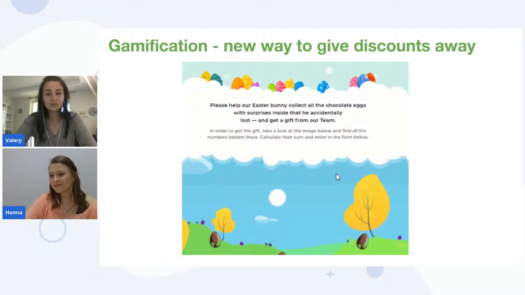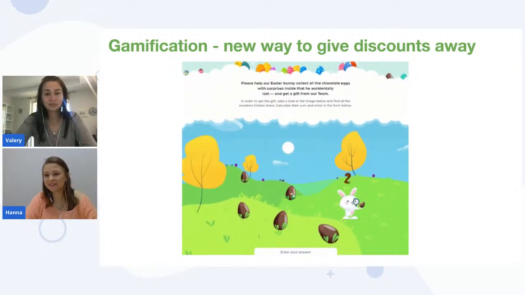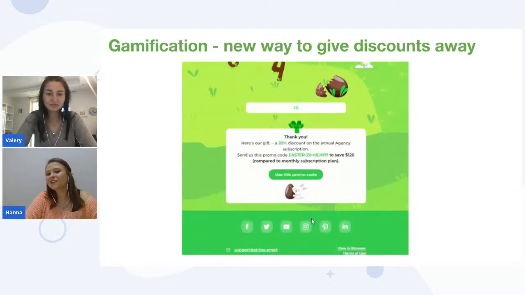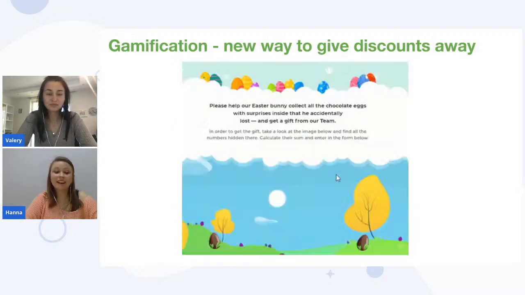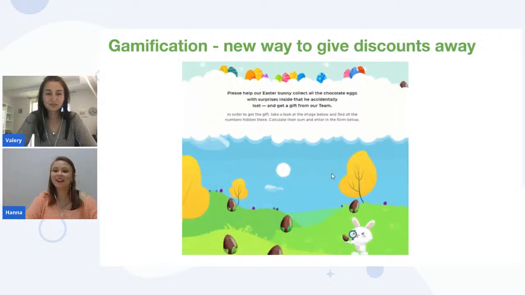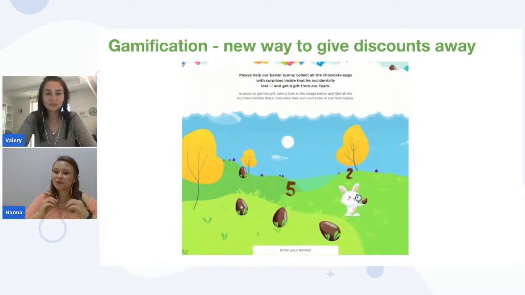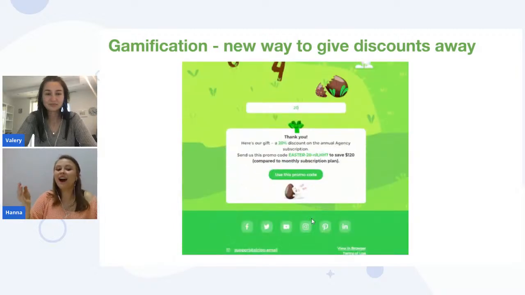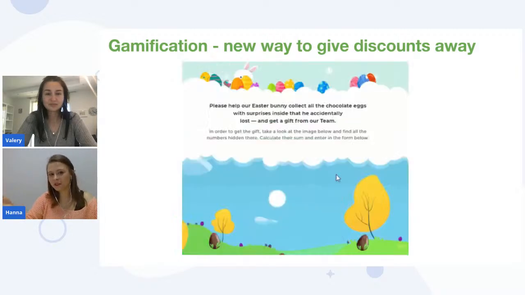And now we're going to talk about the most interesting part of AMP, gamification. This is a really lovely and really nice way to engage your users in your email, to make sure that your user will remember your brand name and will never forget, because I personally have never seen something like this.